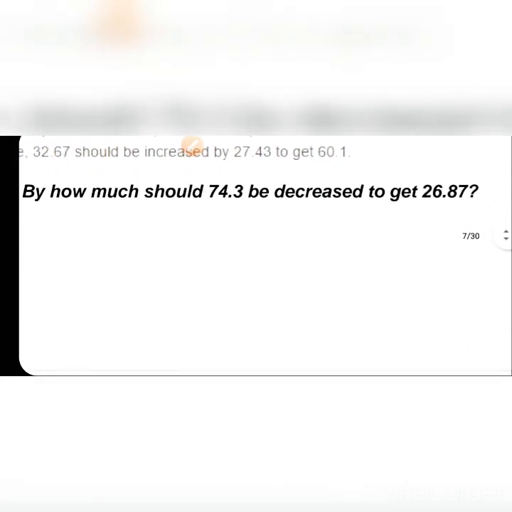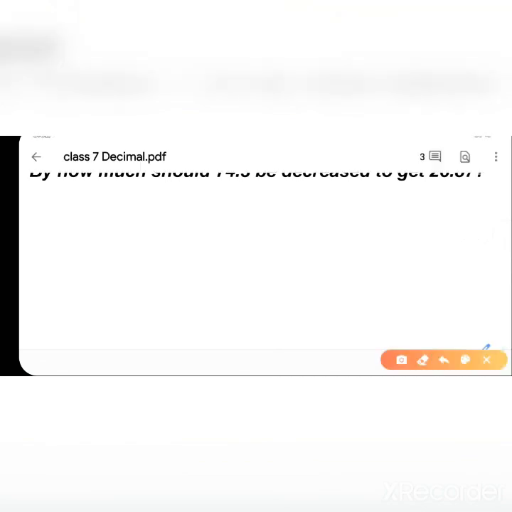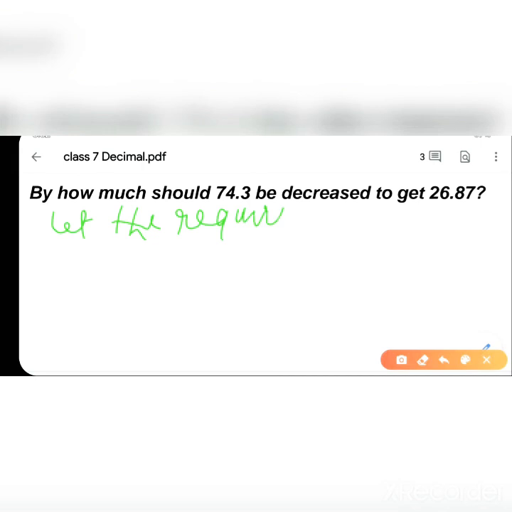Same question. By how much should this be decreased to get the given number? So I'm telling you my way first, then the way by which it has been solved in this. Let the required number be a.